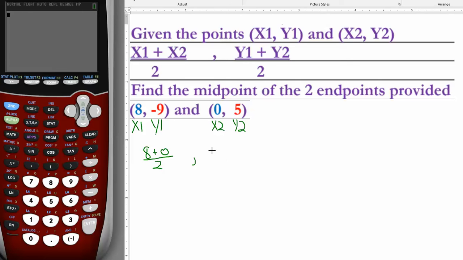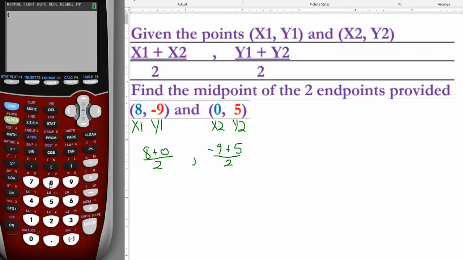comma, negative 9 plus 5, all over 2. And coming over to the calculator, we will do both of those.